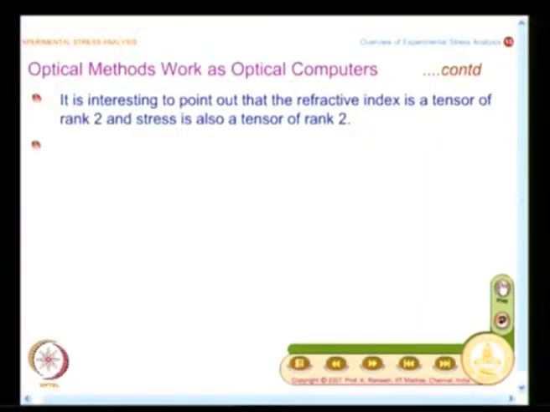You will be surprised, many of you have done an experiment in your physics course to find out the refractive index of a glass, and you would have just got a number. Like in the case of introducing strength of materials, you take a slender member and pull it, and you find that the stress introduced is P by A, and you think that it is a scalar, because you are only looking at the component, the value, and not at the totality of the stress at a point of interest.